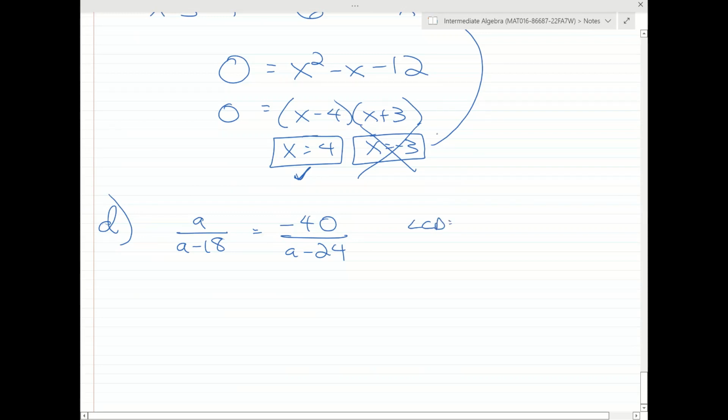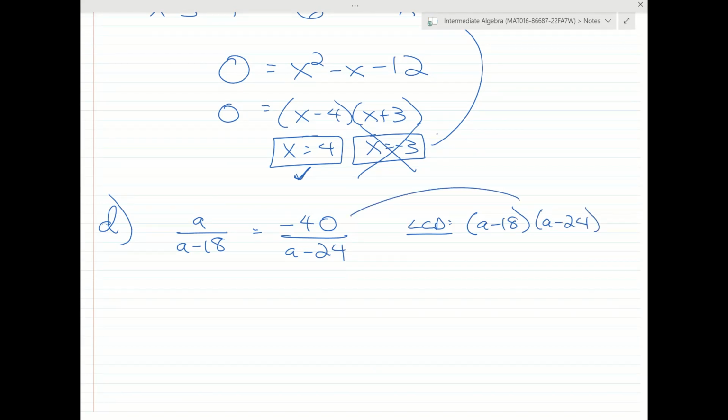Our LCD, we definitely need an a minus 18. We'd also need an a minus 24. So we're going to go ahead and distribute this.